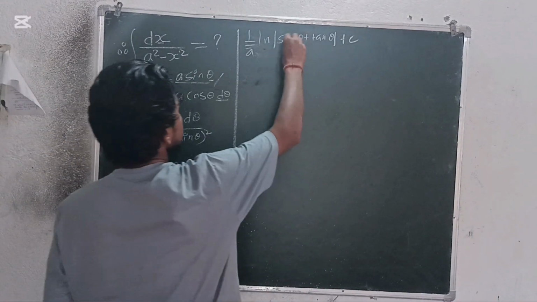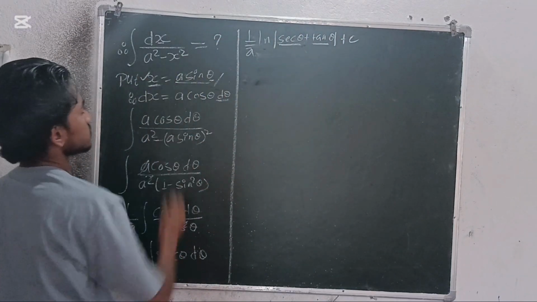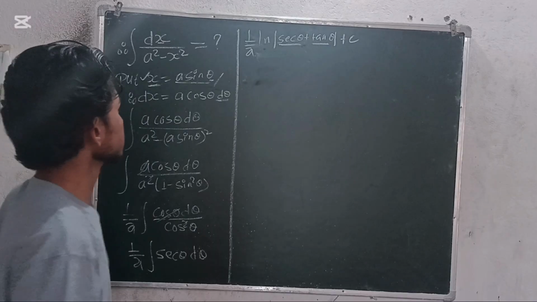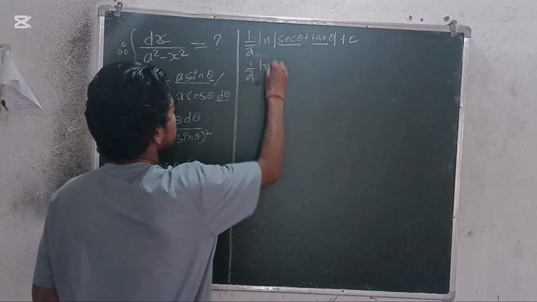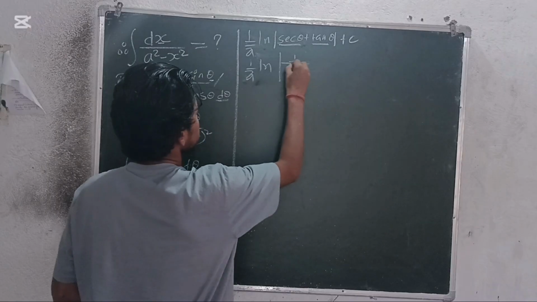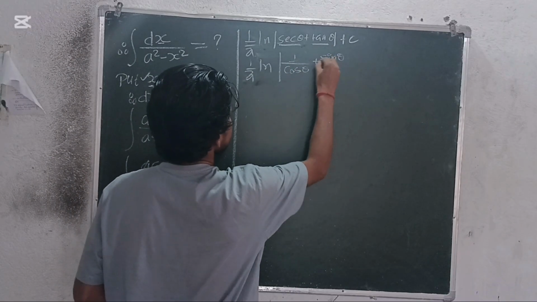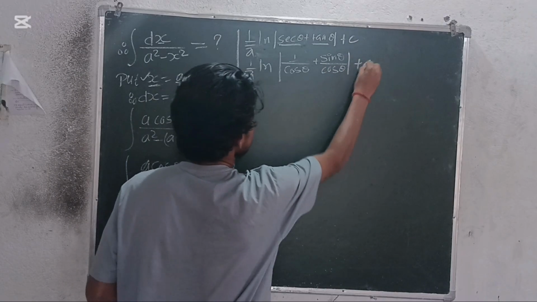And now we have to replace our theta terms in terms of our variable x. More generally we can write this as 1 over a ln of 1 by cos theta plus sine theta over cos theta, plus c.